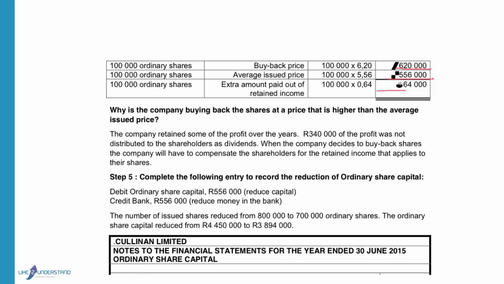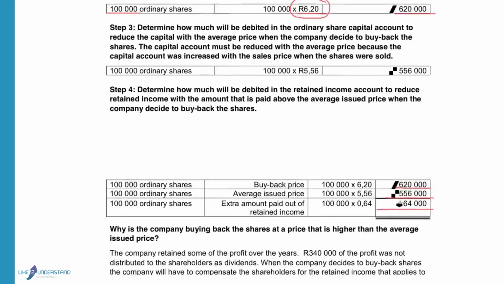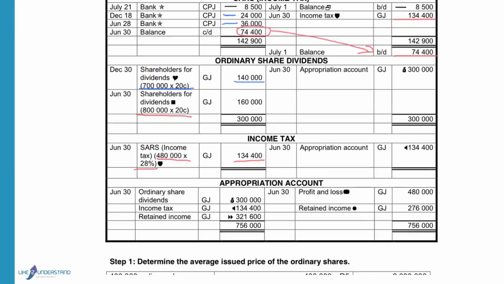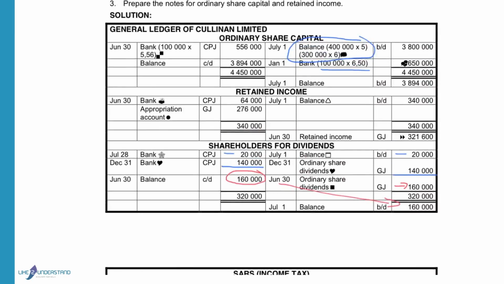And I will credit the appropriation account to complete the double entry. And we will also take from the profit and loss to the appropriation account the profit for the year.